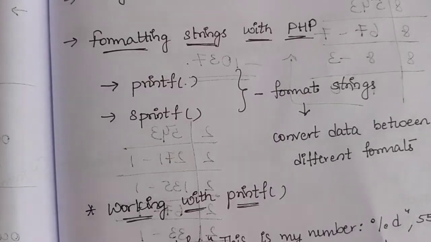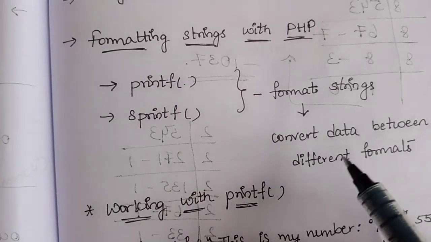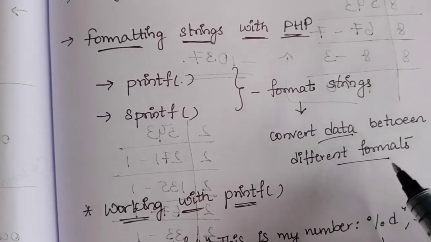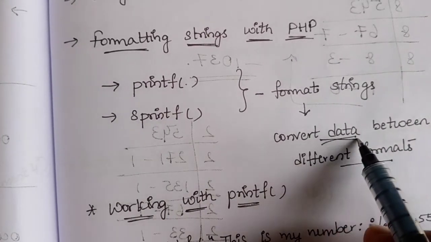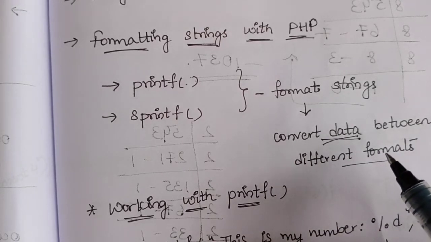Formatting strings with PHP. What do you mean by formatting strings? Formatting strings is used to convert data between different formats. Data means we have decimal data, octal data, binary data, then string data type.